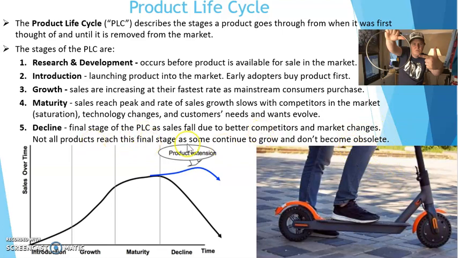Now, not all products reach this final stage of decline, and we're going to be looking at extension strategies that businesses use to keep their sales growth positive and to keep that maturity phase enduring.